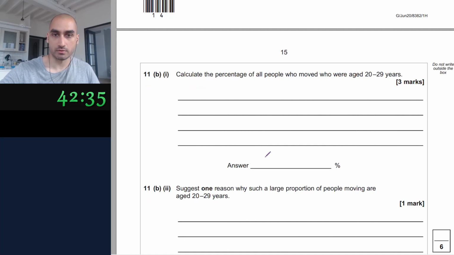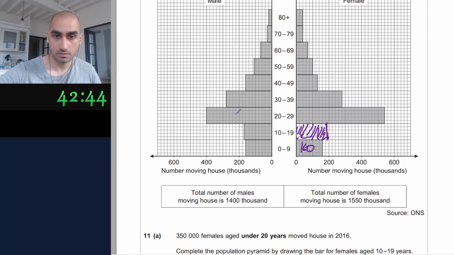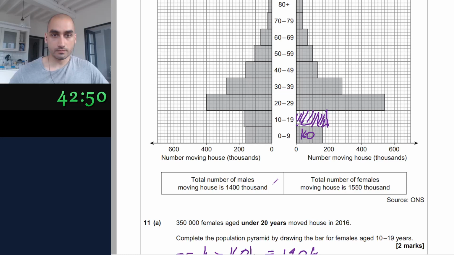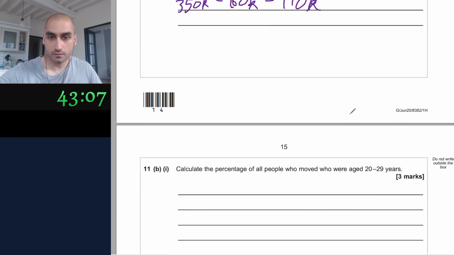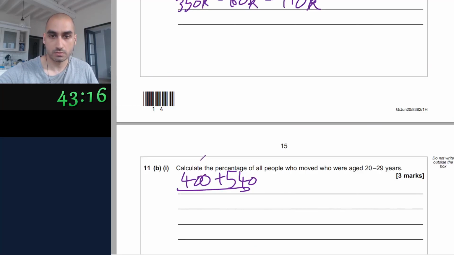Calculate the percentage of all people who moved who were aged 20 to 29. All right, so on this side we've got 400k, and this side we've got 540k. So we've got 400 plus 540 over all people.